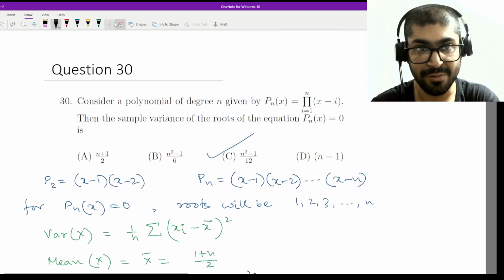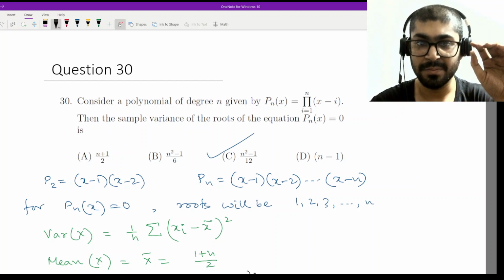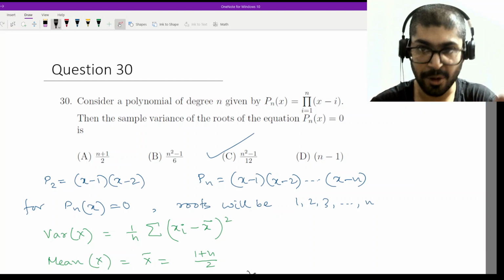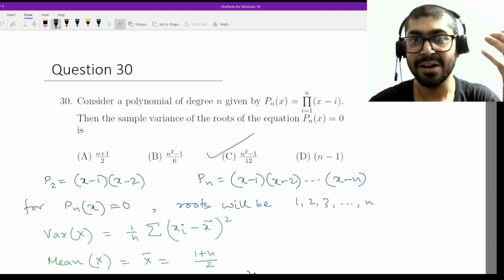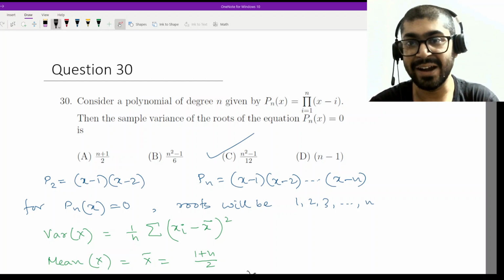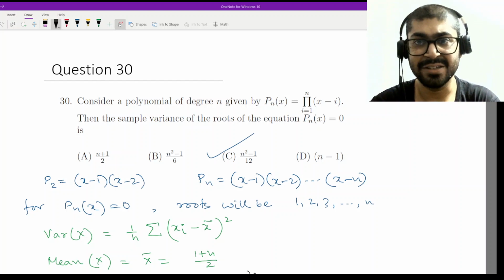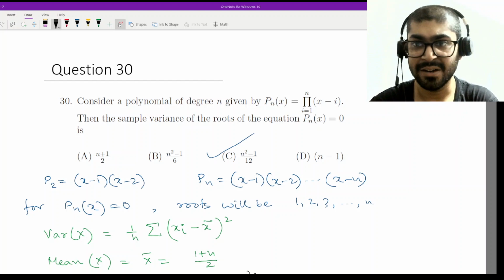Some of them will solve to be easy, but few of them will remain difficult. So I have shown you the entire calculation. This sum looked complicated. The polynomial simplified to a very workable polynomial, and then the problem ultimately boils down to finding the variance of the numbers 1, 2, 3, 4, dot dot n. You will have seen this variance formula somewhere. You use that formula, use that definition of mean, and then do the entire calculation.